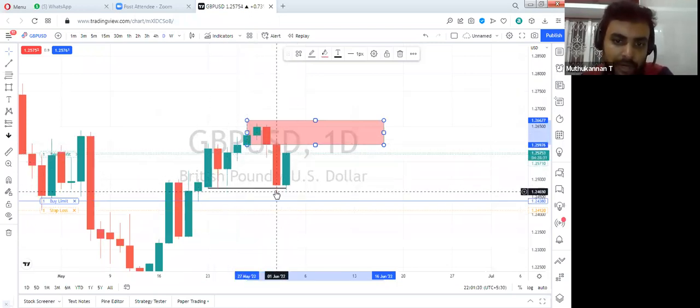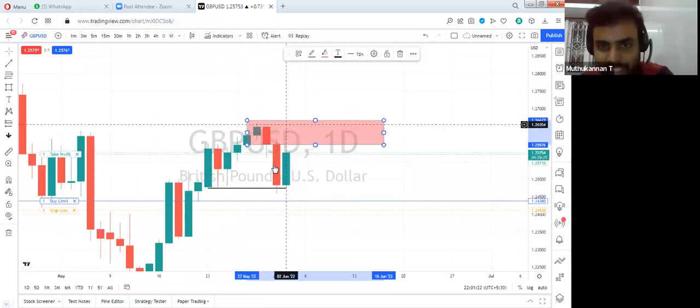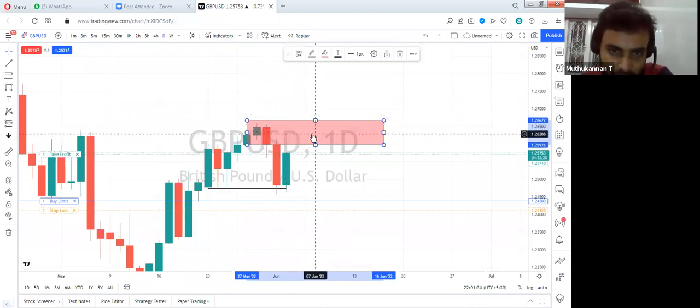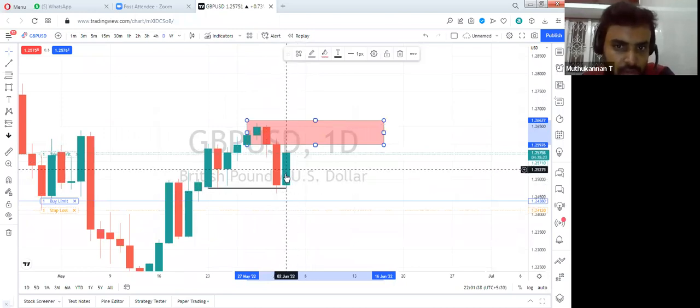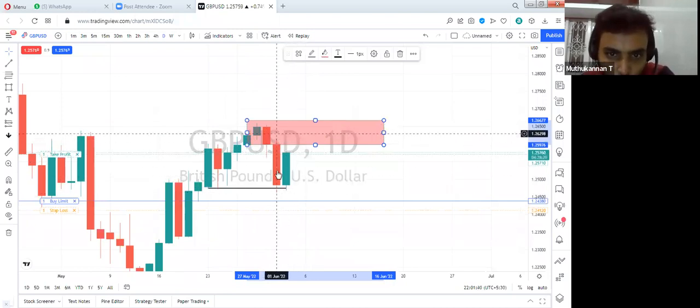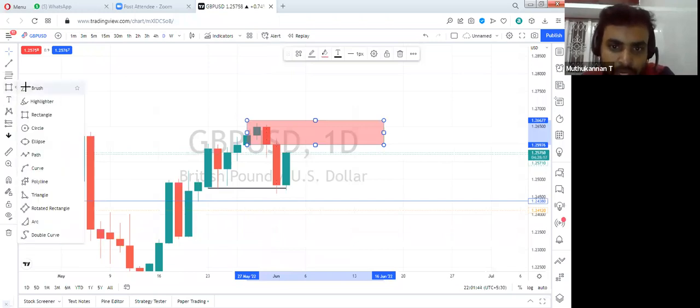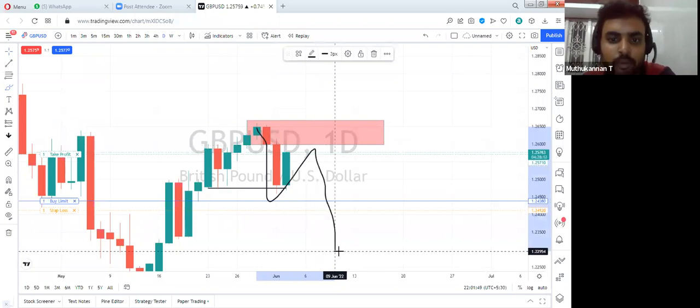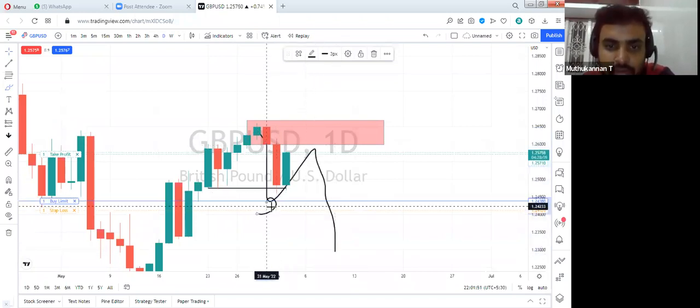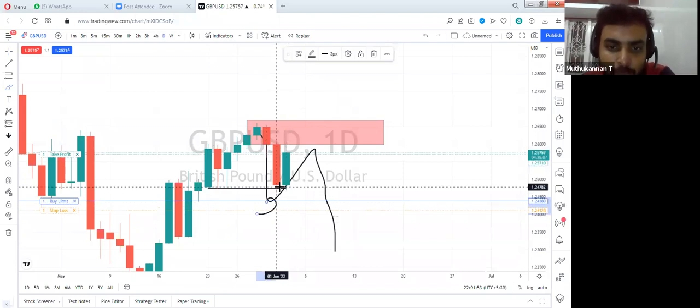Number two, I'll be looking for a buying option from here also, because I know that after a break of structure, price will go up, and only then will it come down. I know this up movement will happen, so I'll be looking for a buying option from here.